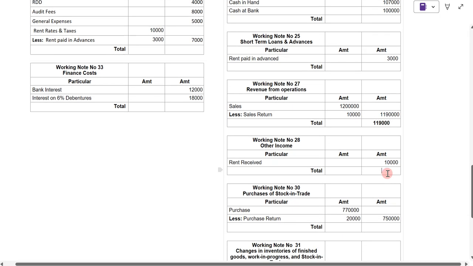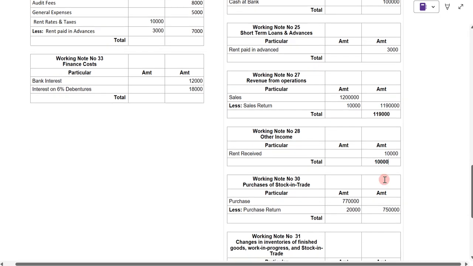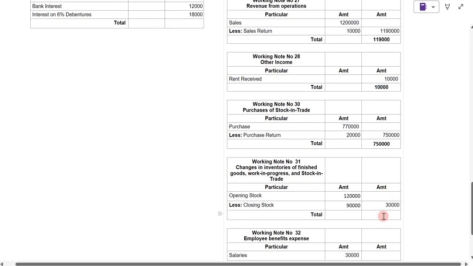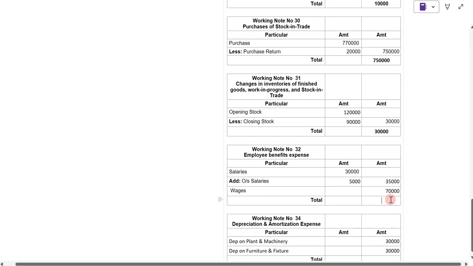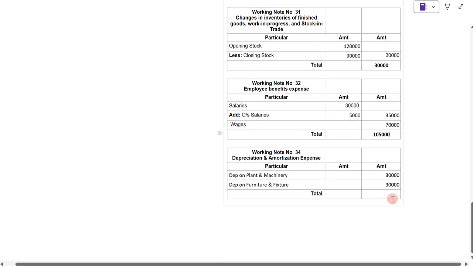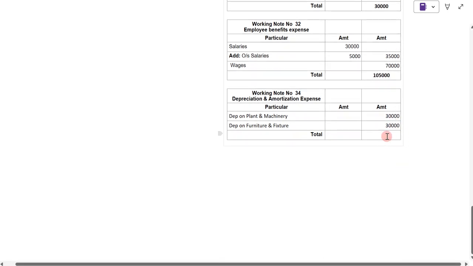Then other income 10,000. Purchase 7 lakh 50,000. Note number 31, change in inventory 30,000. Note number 32, employee benefit expenses 1 lakh 5,000. Note number 34, depreciation 60,000.